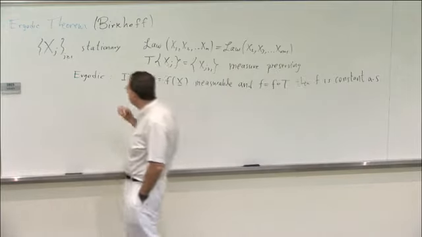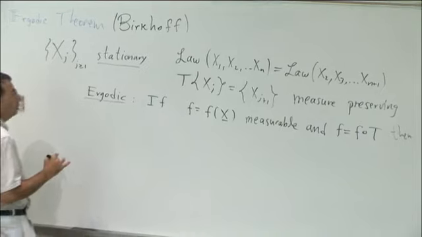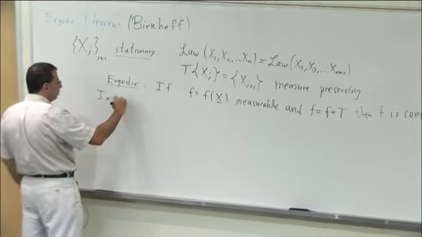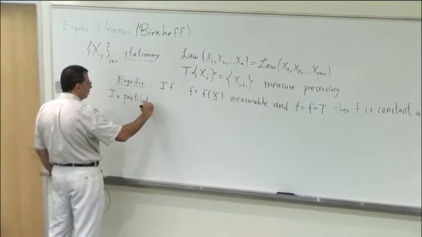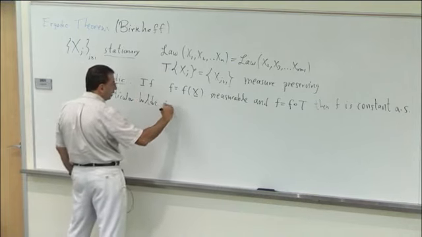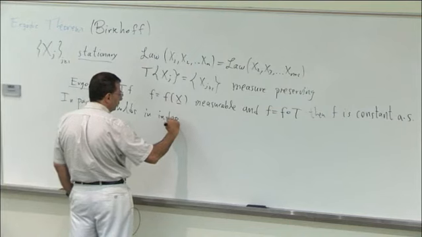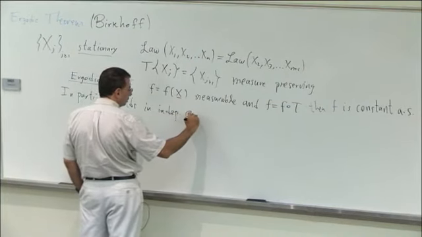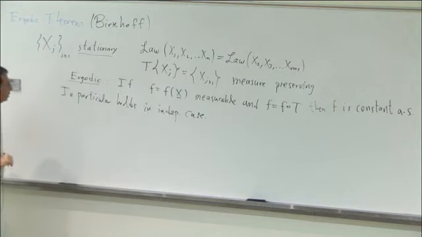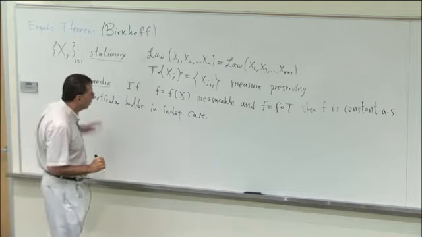This assumption is satisfied in many cases. In particular, this holds in the independent case, but in many more cases. If the X_j are independent, then this invariance certainly implies that it's constant.